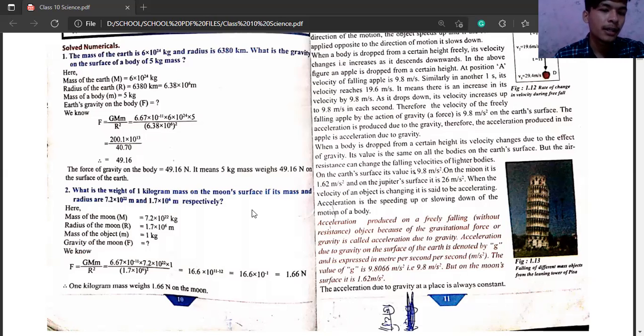There was earth and 9.8 meter per second square. Here we have got 1.62 meter per second square. Why is the acceleration due to gravity of the moon 1.62 meter per second square? You know, why does that happen?